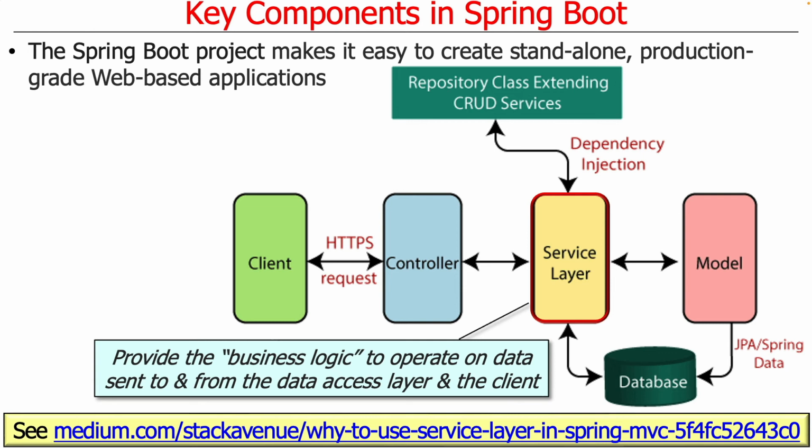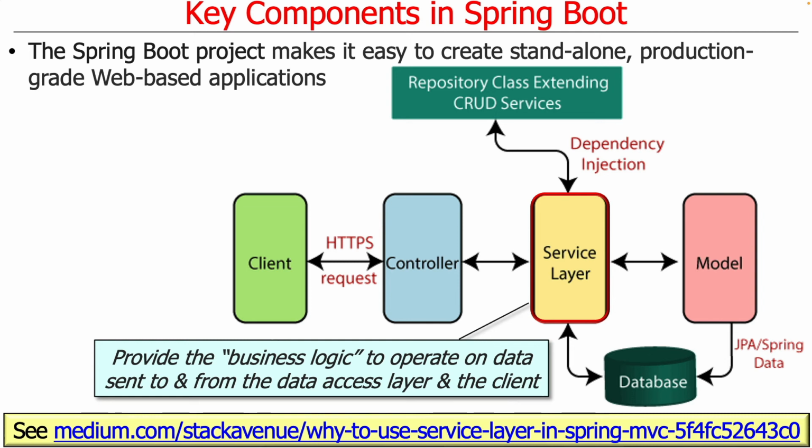Instead, it forwards the incoming request, which has now been turned into a method with nice Java native types or reference types. It then turns around and forwards the request using the Java type system to a service layer. And that provides the so-called business logic that operates on the data that's sent from the client.